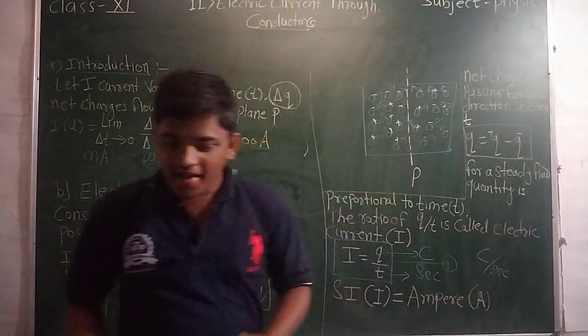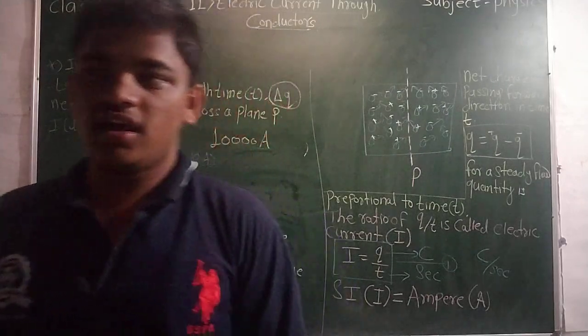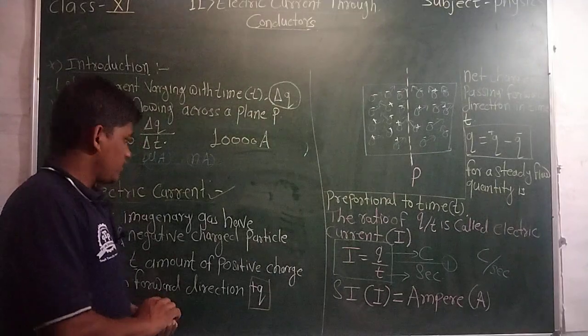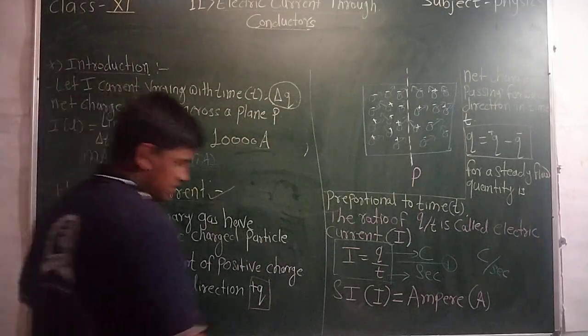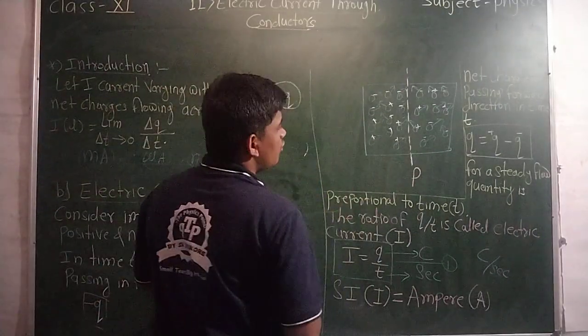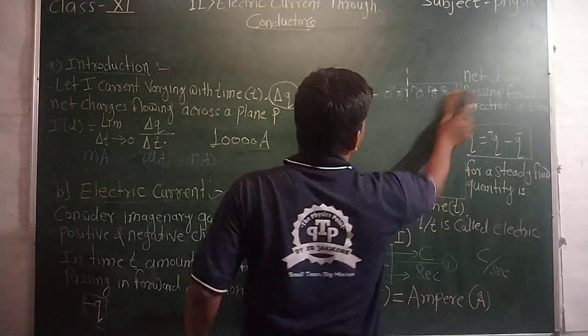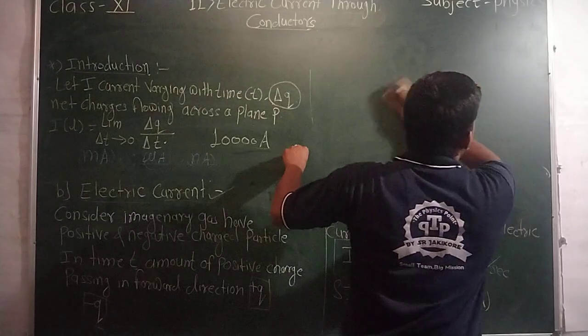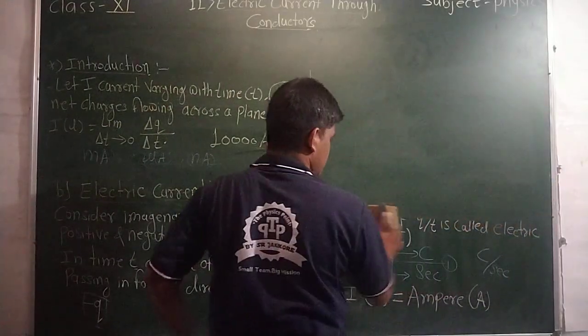And next, flow of electric current through the conductors. That is the next content. I will use this portion of the board, and we will not use a diagram for the study of flow of electric current through the conductors.